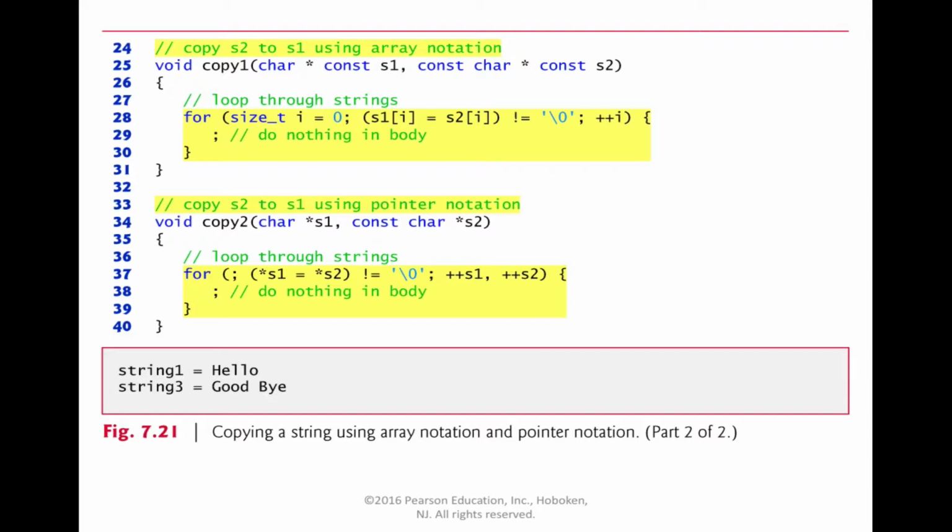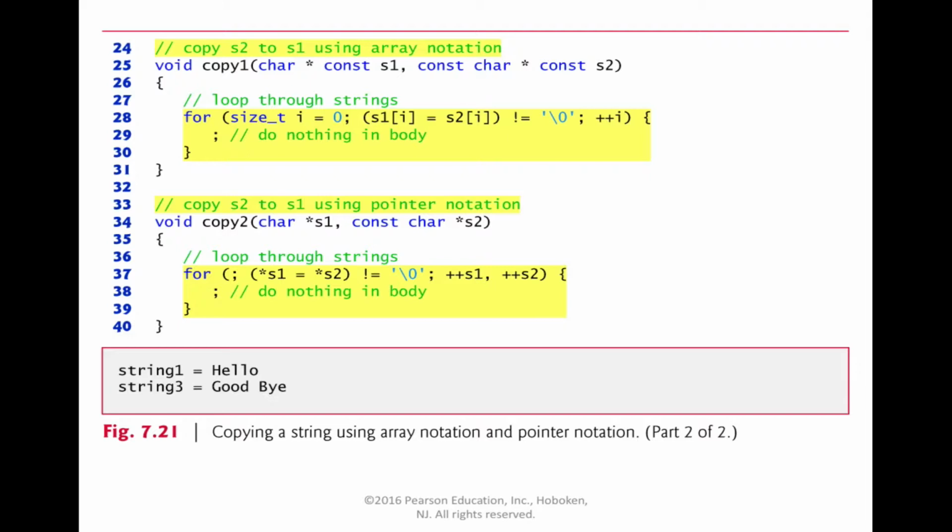Using copy 2 is going to be a little bit different. With string 1, we have a constant pointer to non-constant data with S1. With pointer S2, we have a non-constant pointer to constant data.